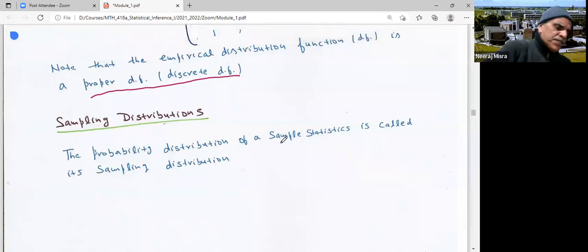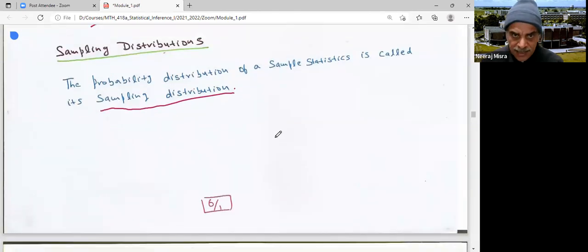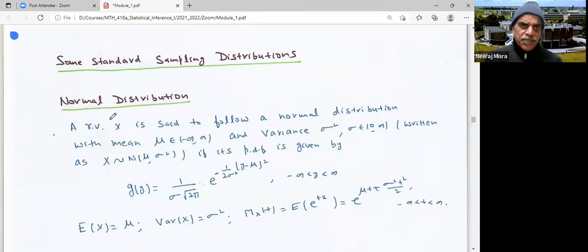So it is a proper distribution function. Now let's talk about the sampling distributions. The distribution of a sample statistic is called a sampling distribution. So what is a sampling distribution? It is the distribution of any sample statistic. Let's look at some of the important sampling distributions.